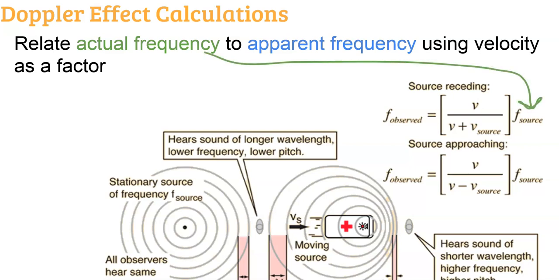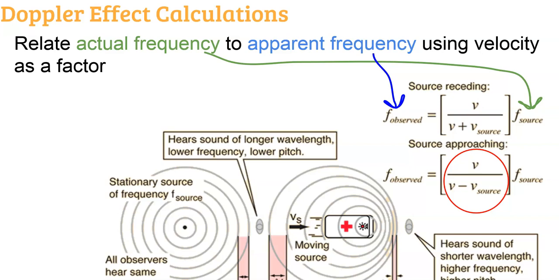Now, the actual frequency is the frequency of the source, and the apparent frequency is the frequency that the observer is going to observe. And we can see for a source approaching that this factor, which is the v here, is the velocity of sound, and the v source is the velocity of the moving source.